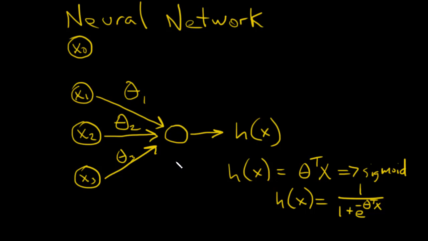I will try to remember to put it in the drawing from here on, because our x of 0 is always equal to 1, but we will have x of 0 connected to each of the subsequent nodes, and we're going to have a theta 0 weight. And so we've talked about theta 0 before. Theta 0 is our bias or our offset. I think we've called it baseline.